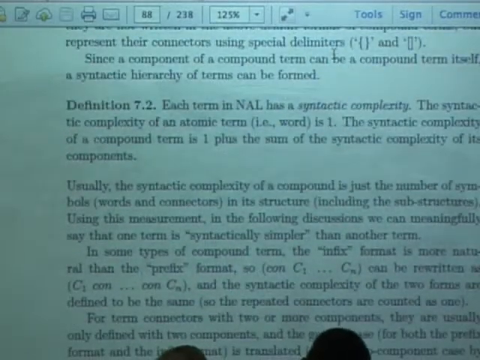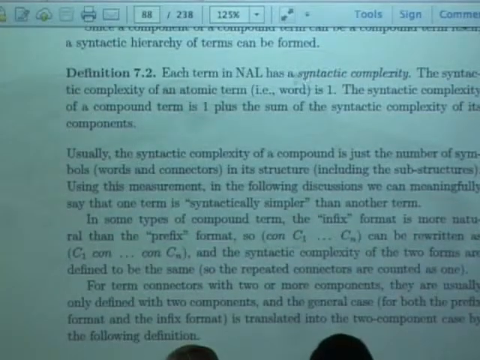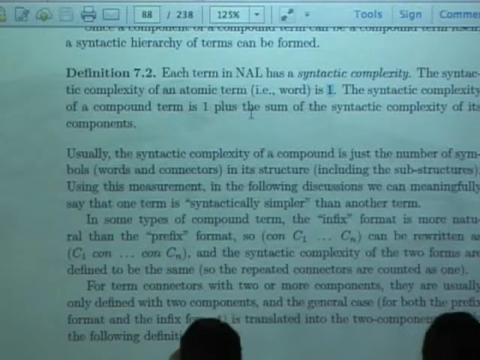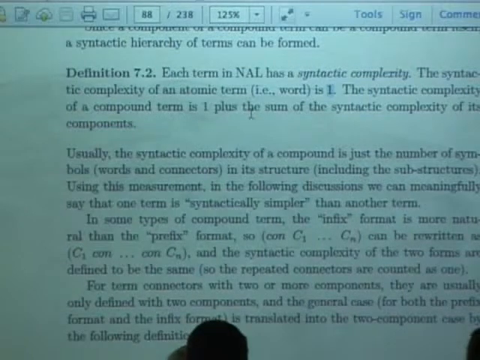For example, we can talk about the syntactic complexity, meaning how complicated a term is. You see a single word has complexity 1, and for a compound, you just add the complexity of each term together and plus 1. It's kind of like counting how many symbols are in that name.